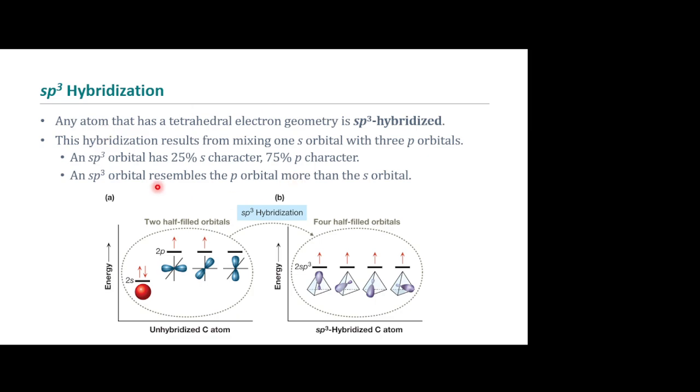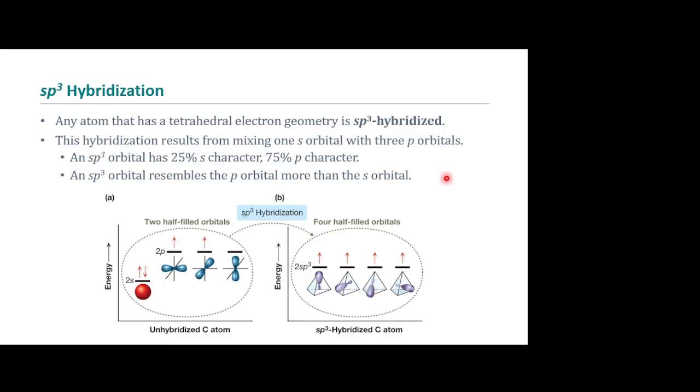All right. And so in our hybridization here, see how it says sp3, that's telling you it has how many s orbitals? 1. How many p orbitals? 3. And so percent character-wise, that is 1/4 s, 25%, right? 3/4 p, 75%.